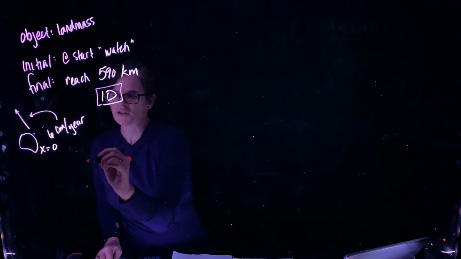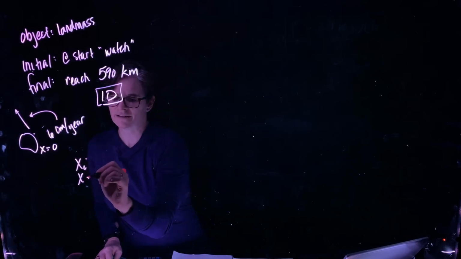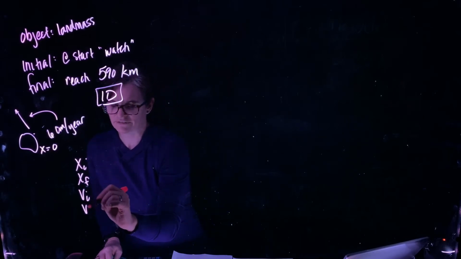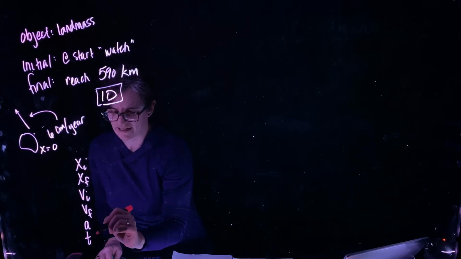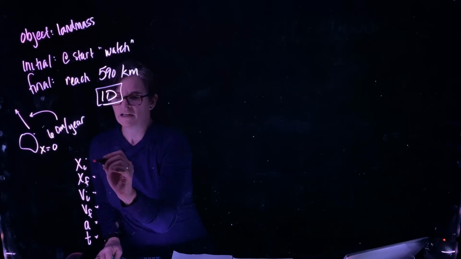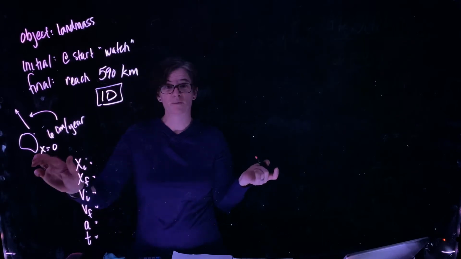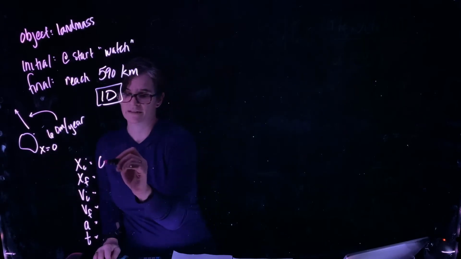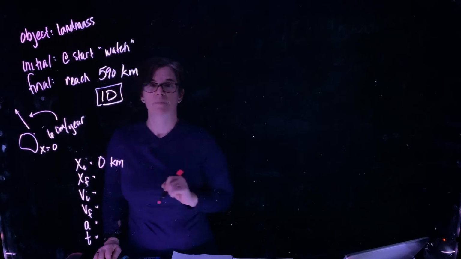All right, so what are our players? We have x initial, x final, v initial, v final, acceleration, and our time. So our initial position, well, that's when we start our watch, that's at 0 kilometers.